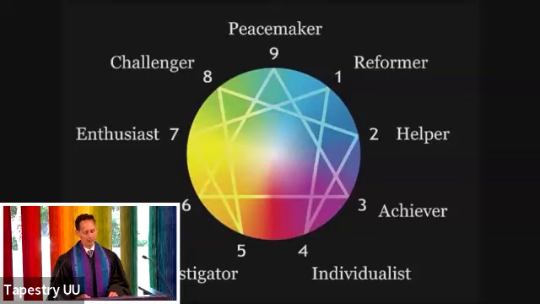Type 8 is usually called the challenger because these people seek out challenges. You might know one of these people in your life. They also give other people the opportunity to be challenged so that they can grow. 8s are typically charismatic and have the ability to persuade other people to join them in all sorts of adventures and endeavors.